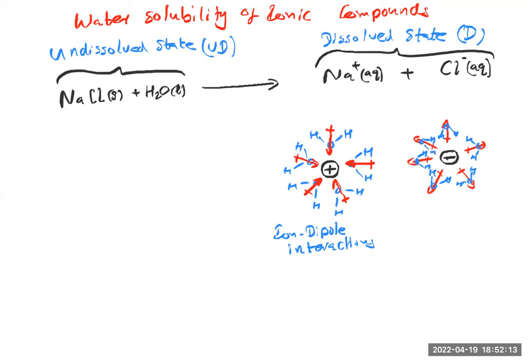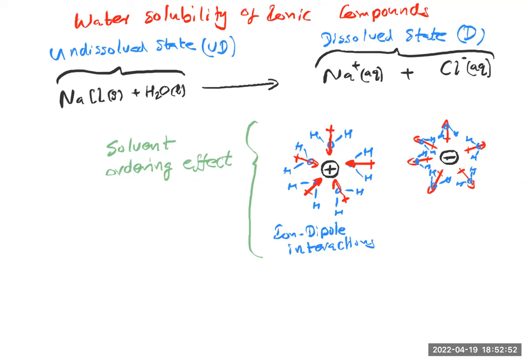These individual ions cause the water molecules to order around the anions and the cations, and this is called the ordering effect of water, or solvent ordering effect, by the cations and the anions.